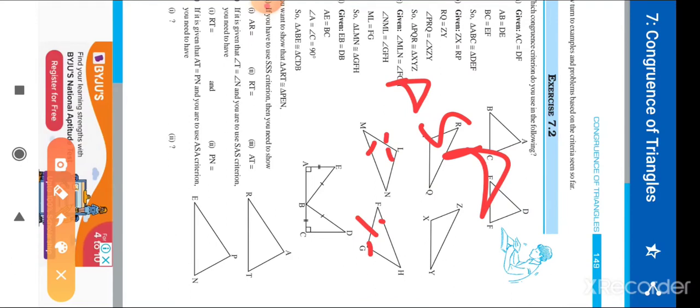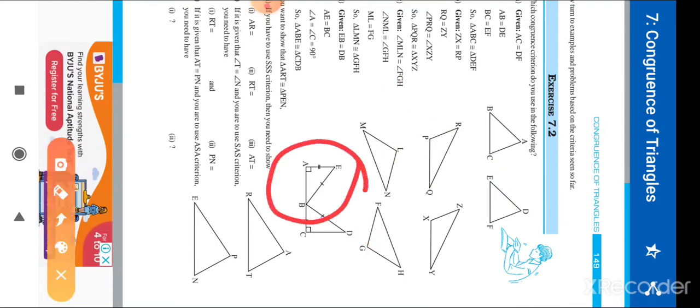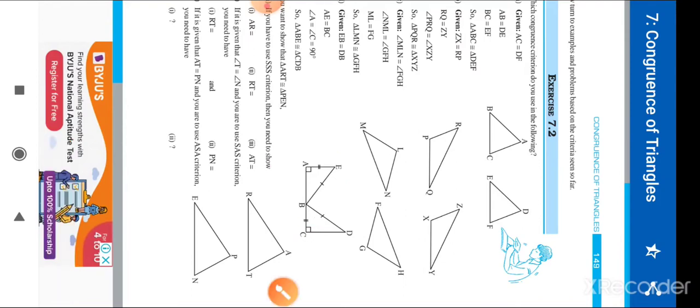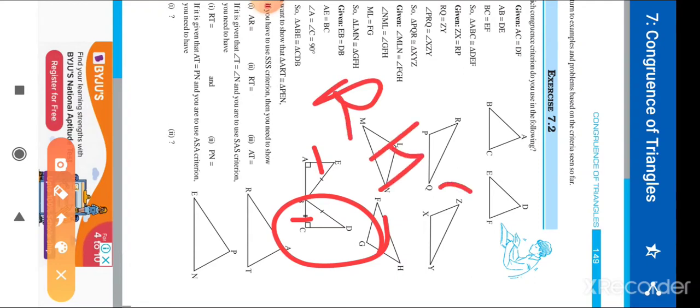So here you can see that the hypotenuse of triangle ABE is equal to the hypotenuse of triangle BCD, and one side of triangle ABE is equal to one side of triangle BCD. So here these two triangles are congruent by the RHS congruency criteria.